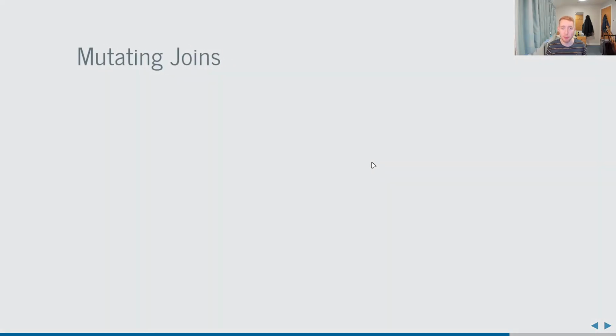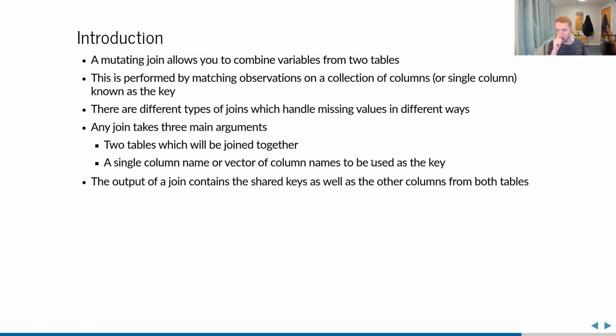Okay, so let's look at mutating joins. A mutating join allows us to take two tables and combine them together into a single one. This is performed by matching observations based on a collection of columns, maybe a single column, and we refer to this as the key.